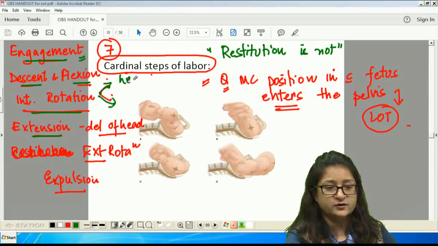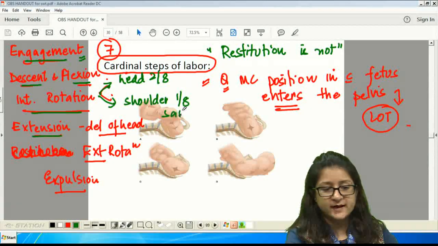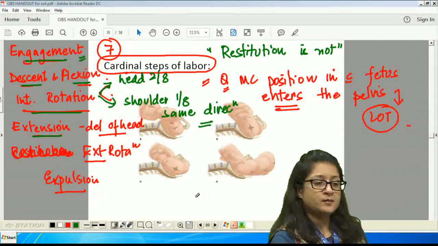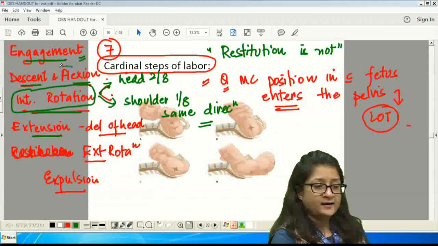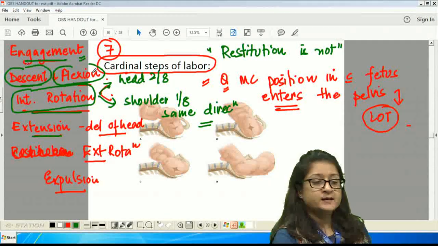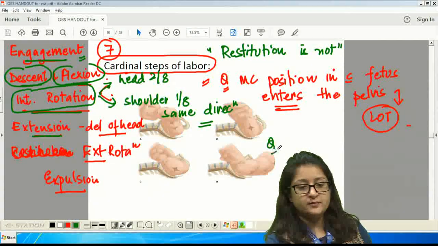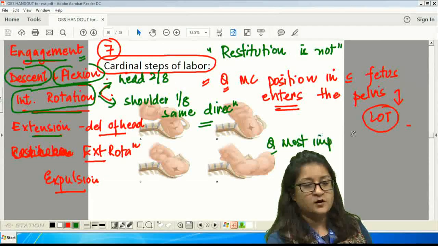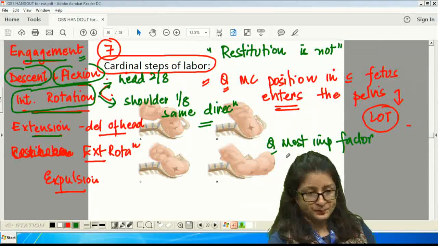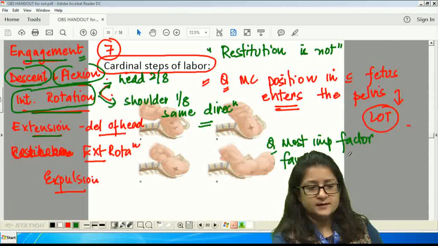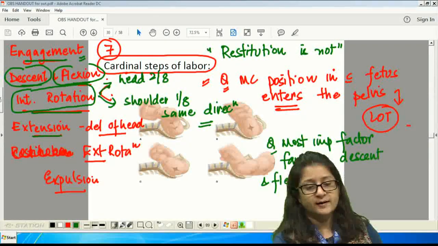Because it is in left occipitotransverse, during the internal rotation the head rotates 2/8 of a circle and the shoulder rotates 1/8 of a circle in the same direction as the head. Another important point about internal rotation, flexion and descent is that the most important factor which favors descent and flexion is uterine contractions.